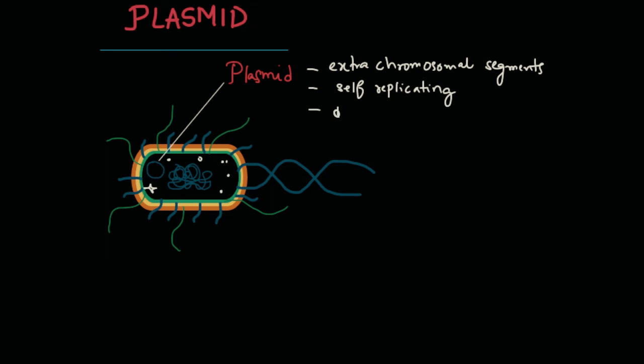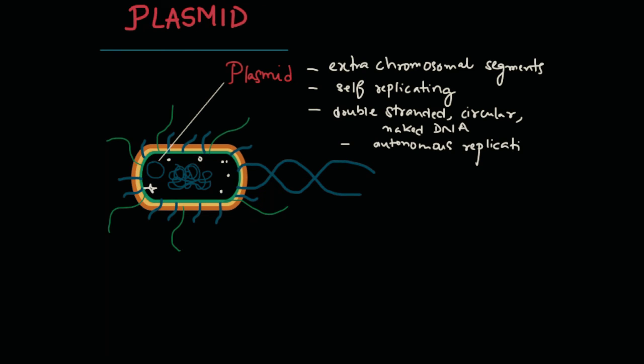Usually, plasmids are double-stranded, circular, naked DNA, that is not enclosed by any membrane-bound organelle. The replication of plasmid is often referred to as autonomous replication, as the replication of plasmid is independent of the replication of the main nucleoid.